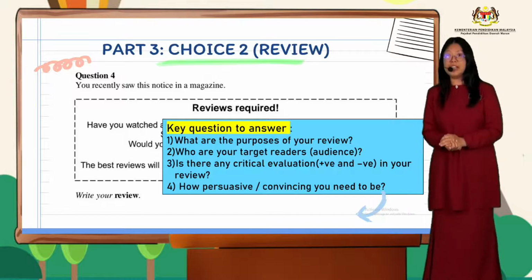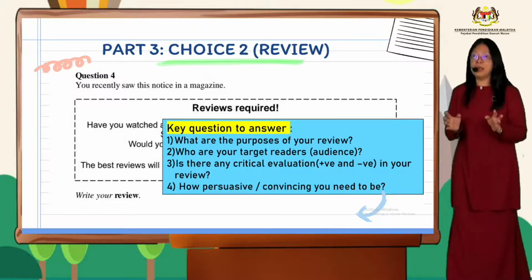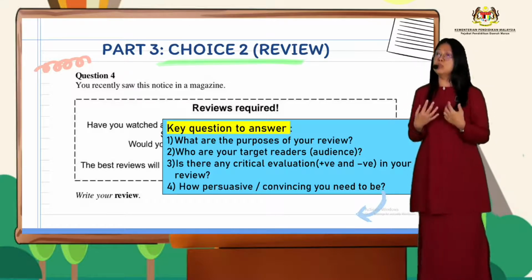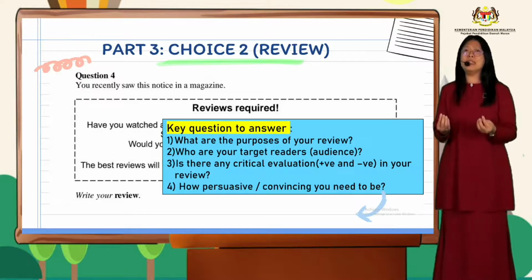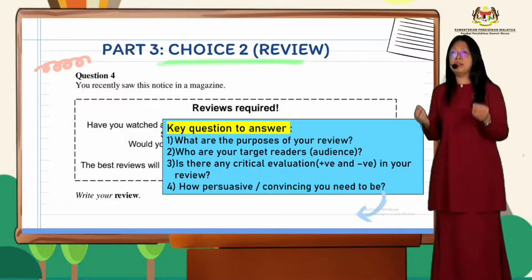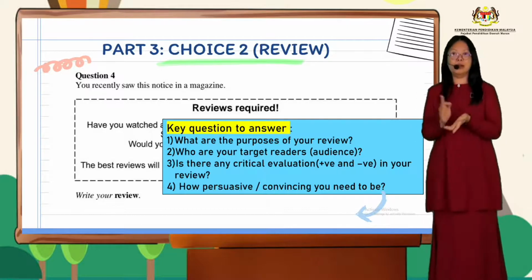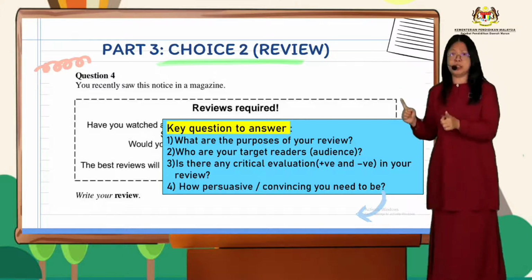Number 3, critical evaluation. I know when students are writing reviews, they like to write about the positive points. Let's say I want to write a review about a pen. This pen is cheap.